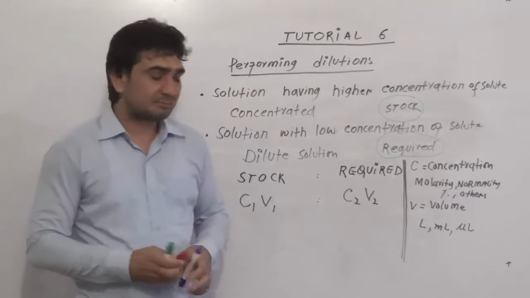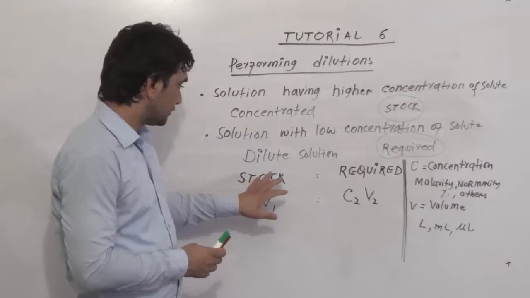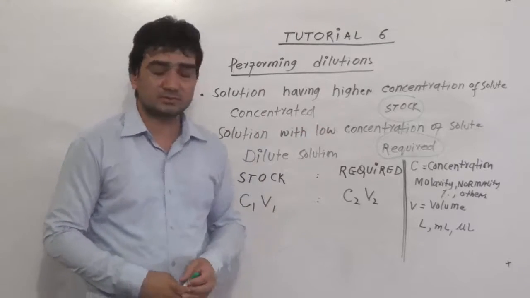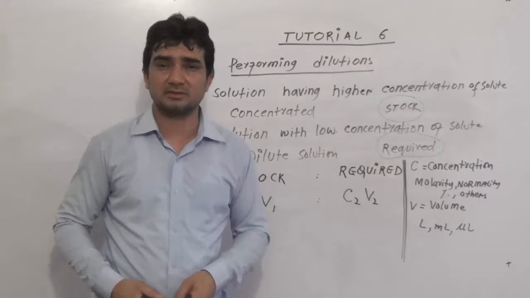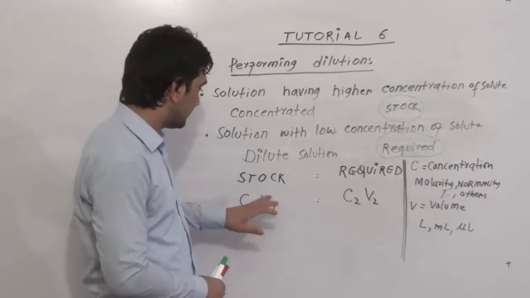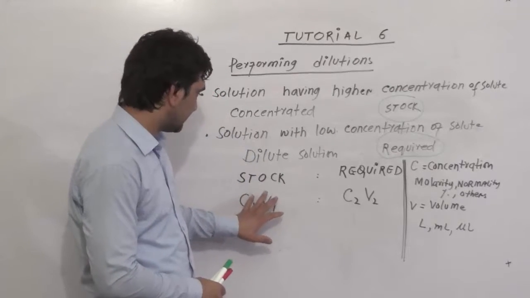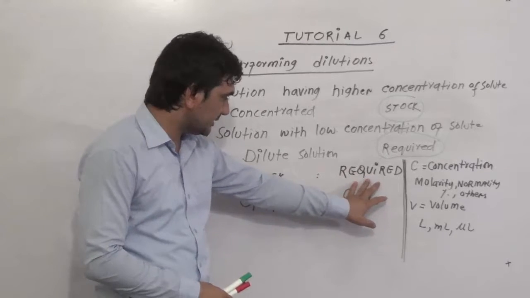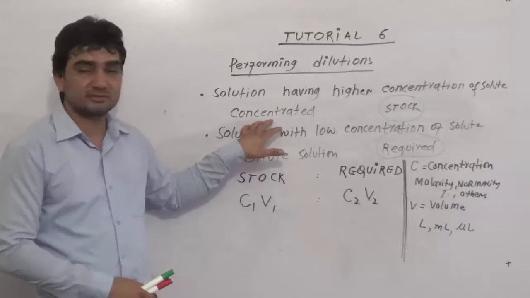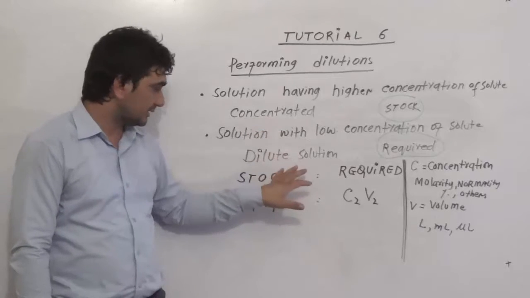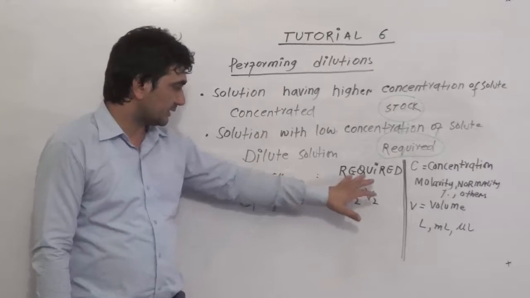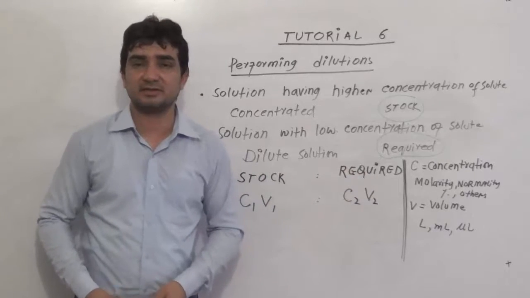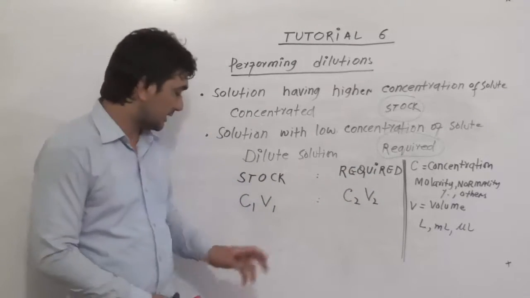A simple equation is used to calculate the amount of stock solution required to make the dilute solutions. We have stock, we have required, and stock is actually the concentrated solution, and the dilute solution is referred to as required, because we require the dilute solution.